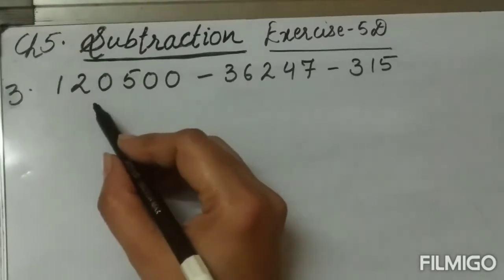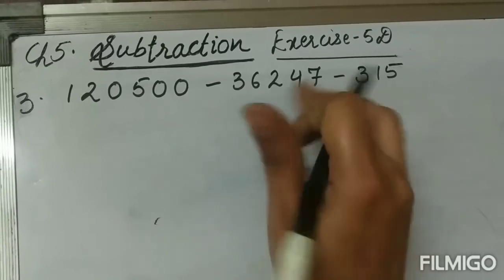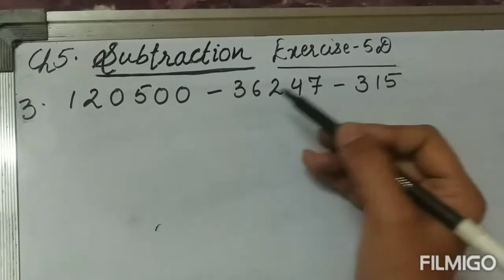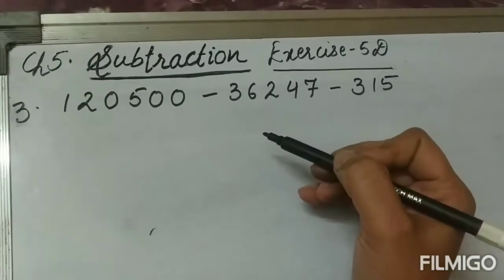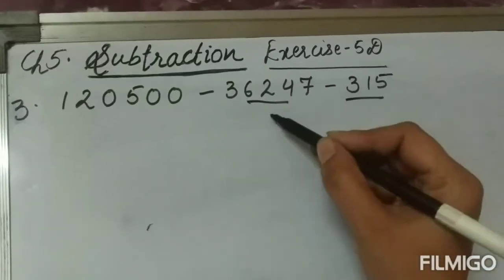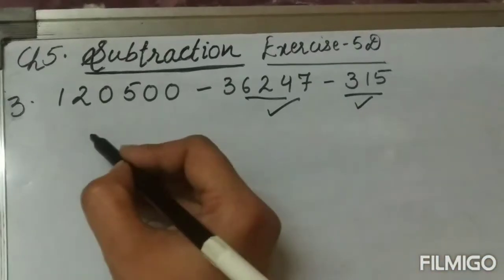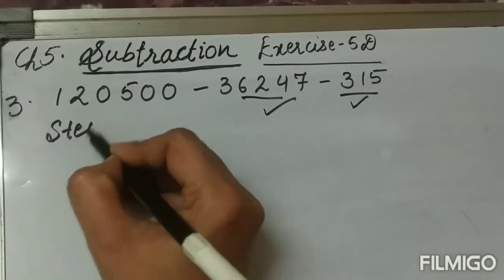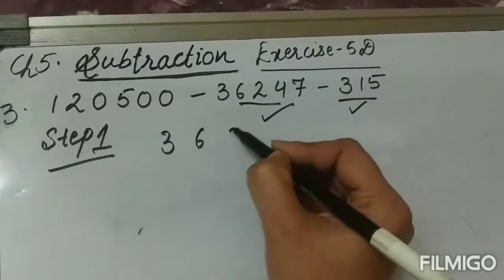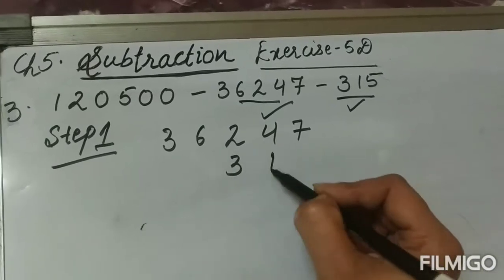Third question is we have to solve this sum. In this case we have these two numbers with minus sign, and first step, same, we will add those numbers that have the same sign. These two numbers have the same sign, that means minus sign, so we will add these two numbers. So step 1 is 3624 and 47315.